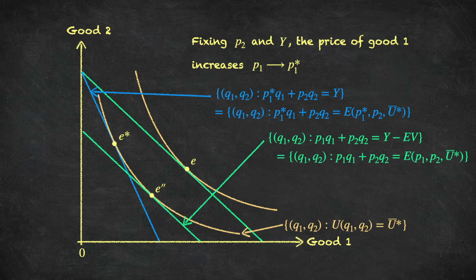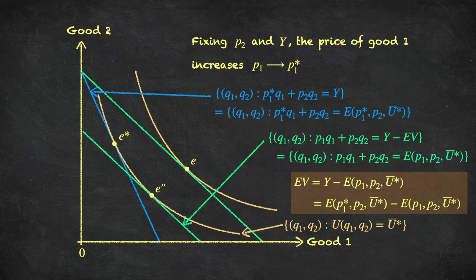Of course, the equivalent variation, if we look at this diagram, is the minimum expenditure required in order to achieve a level of utility U bar star when the prices are P1 and P2. So it's the expenditure function evaluated at P1, P2, the original prices, with the new level of utility U bar star.